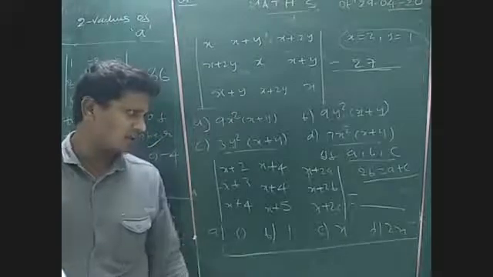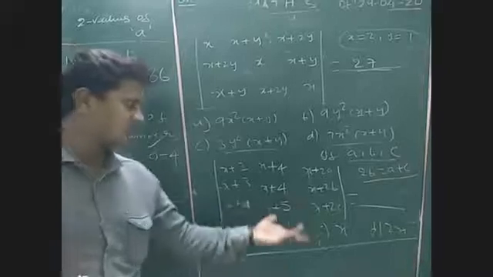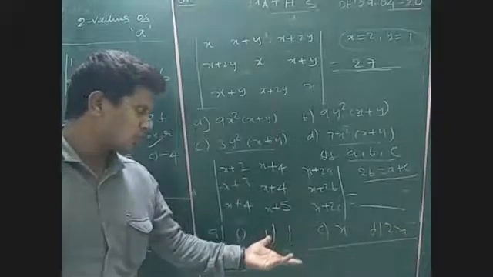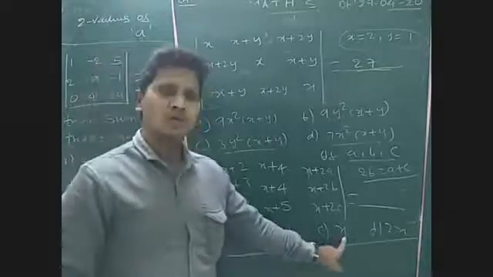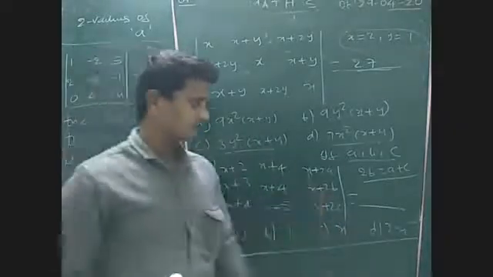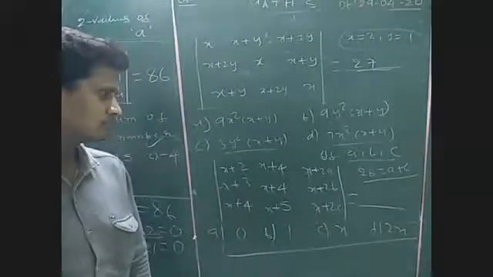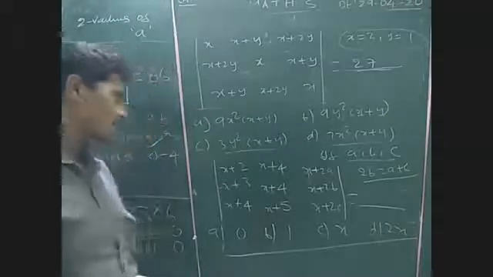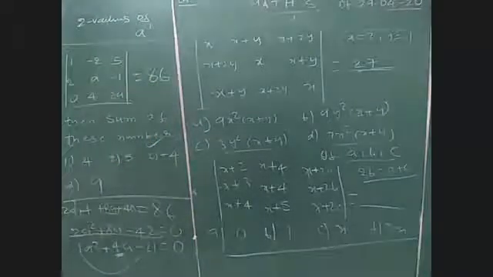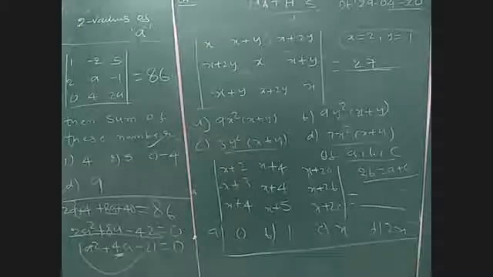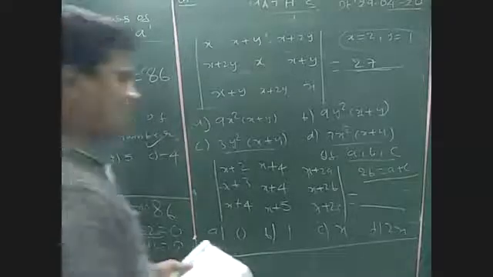Here also you can substitute any value of x, like x is equal to 2, because 0 and 1 will cause problems. And at last we can apply the condition that a, b, c are in AP.